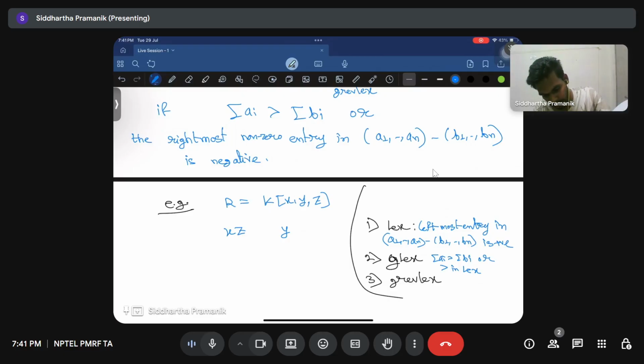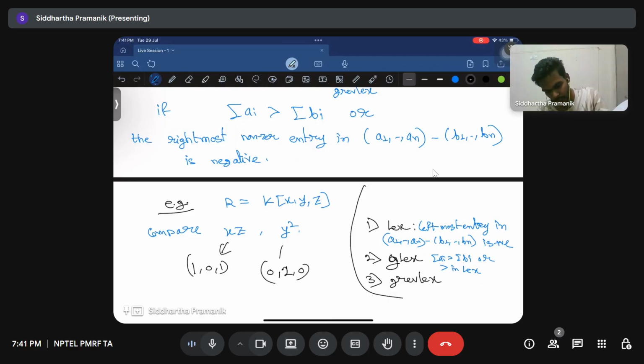Okay, so let's compare in lex. What is the vector? Let me write it very clearly. Compare xz and y squared. For xz the vector is 1 0 1, and for y squared the vector is 0 2 0.